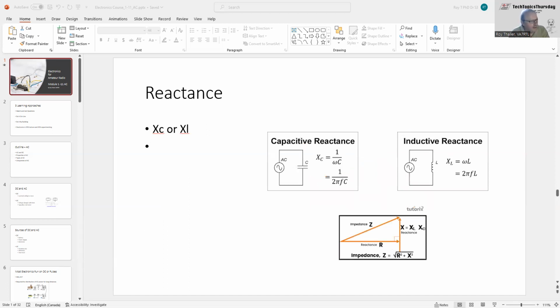In the advanced course you'll be expected to do some of these calculations. To calculate capacitive reactance, it's basically 1 over 2 pi f C, where f is the frequency and C is the capacitance. And the inductive reactance is calculated by 2 pi f L, where L is the inductance. Again, we'll cover this when we do inductors and capacitors, just a preview.